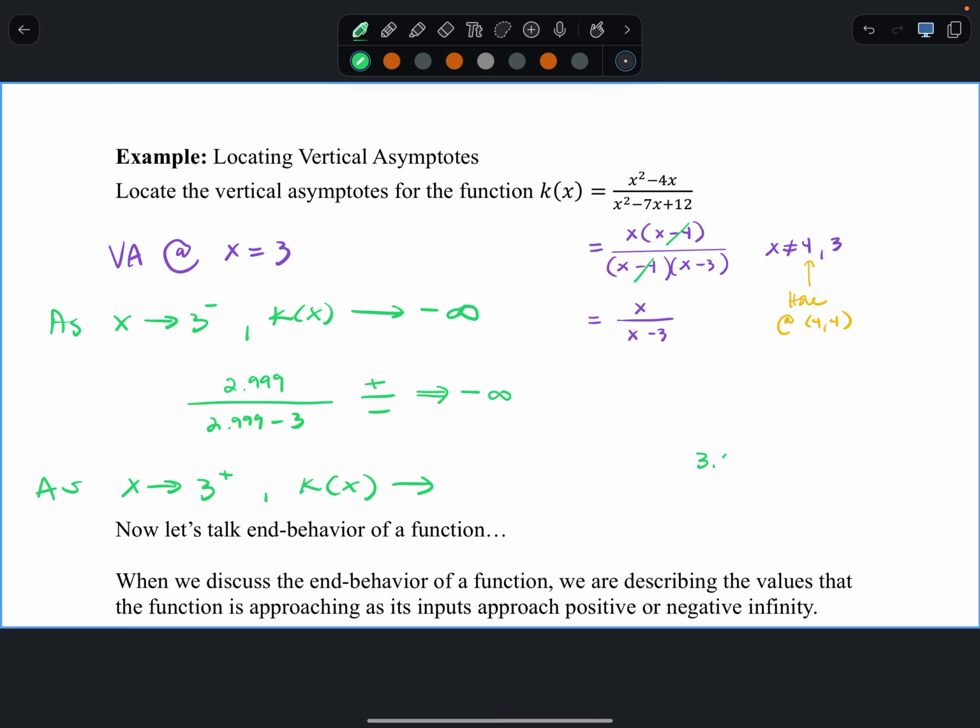This is essentially side work. You don't have to write it out. It's what k of x is approaching that you should be able to answer. But notice how that would be a positive over a positive, which means when you plug in that value that's really close to 3 on the right-hand side, the function is approaching positive infinity.